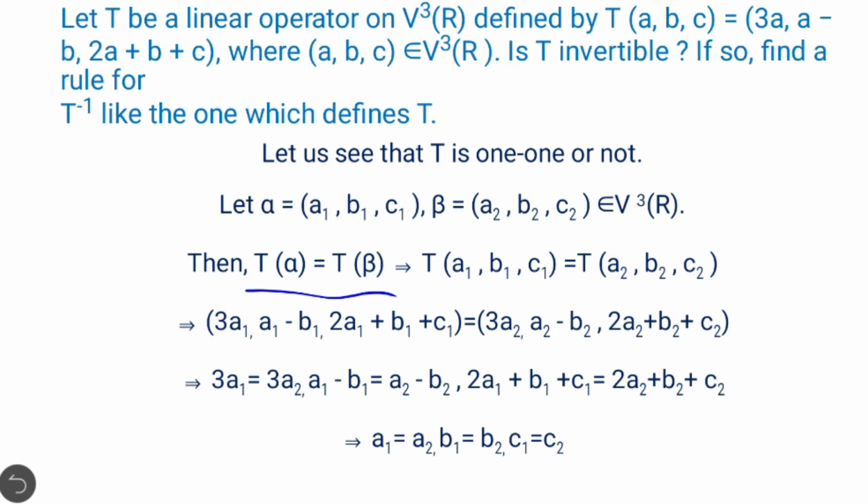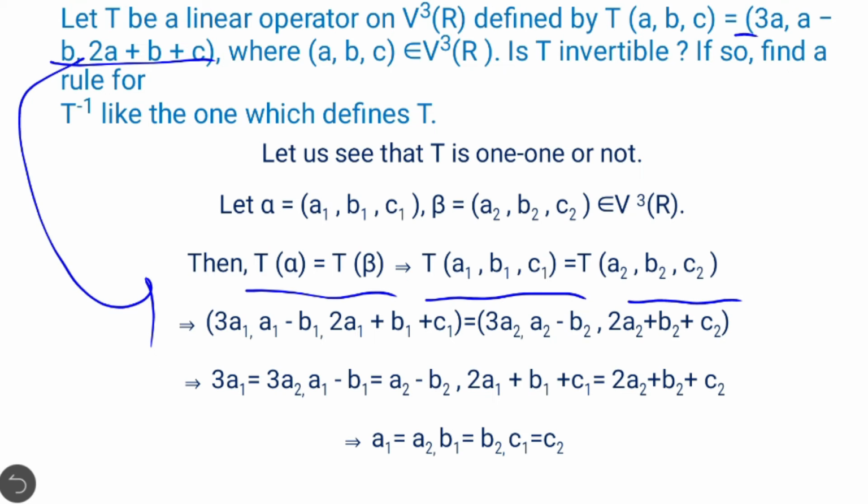This implies T(a1, b1, c1) equals T(a2, b2, c2). From the given definition, it can be written as (3a1, a1 minus b1, 2a1 plus b1 plus c1) equals (3a2, a2 minus b2, 2a2 plus b2 plus c2).